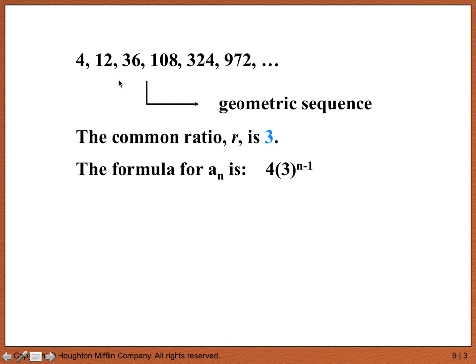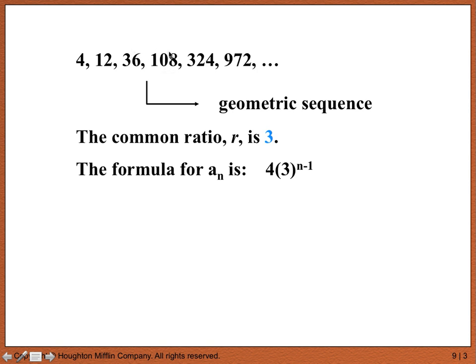Let's plug in some values of n just to verify. For the first term, 4, n is 1. Remember that the value of a term is not the same as the number or order of the term. The value of the term here is 4, but the number of the term, or its order, n is 1. The value of the term here is 12, but n equals 2. Here the value of the term is 36, but n equals 3.